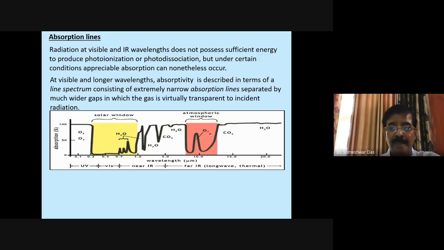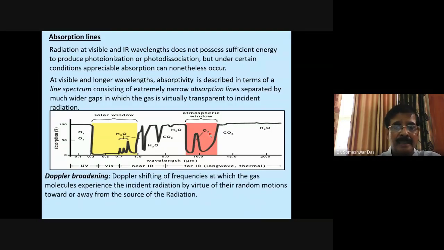In the satellites, we see different channels. In this channel, water vapor is sensitive, or fog particles are sensitive to that channel, etc. So we try to infer the information about the presence of different gas particles or different other phenomena in the atmosphere by satellite observation because of these characteristics of different gases.